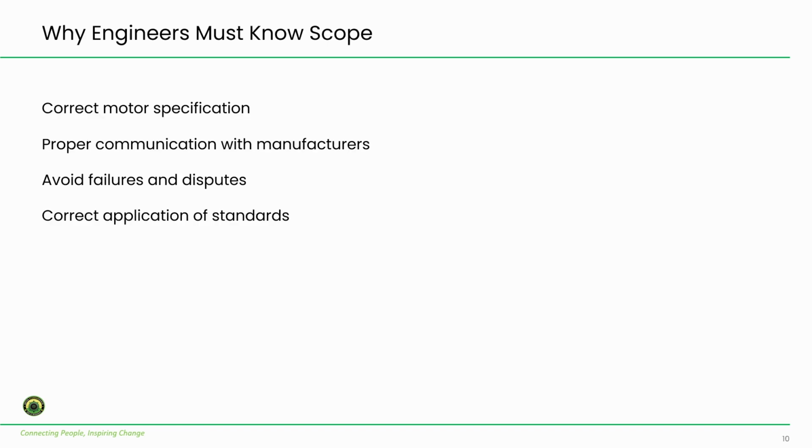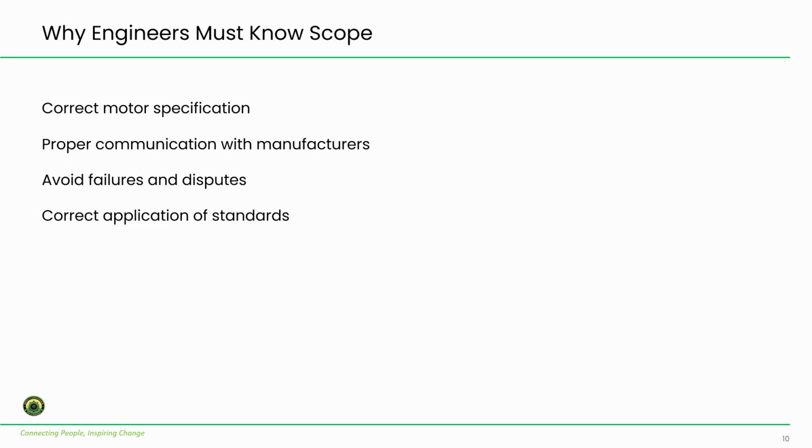Engineers must understand the scope to specify the correct motor. It helps in proper communication with motor manufacturers whenever you are buying new motors. Knowing the scope avoids failures, disputes and incorrect testing. Correct application of the standard is critical in engineering practice.